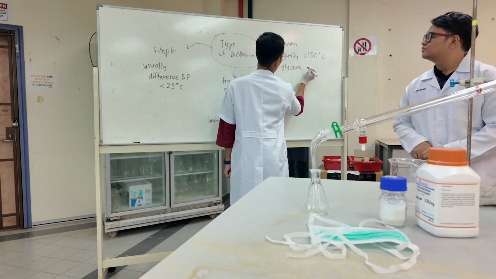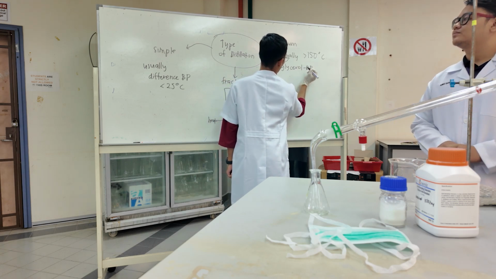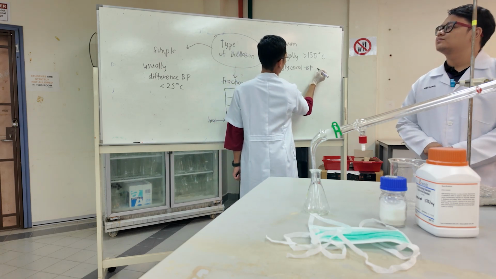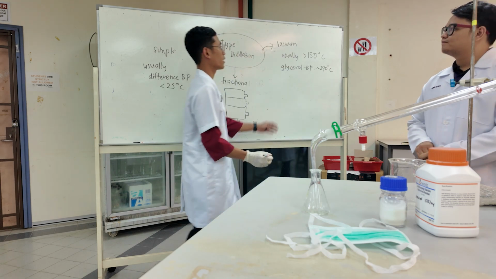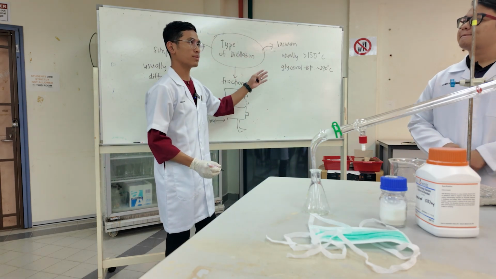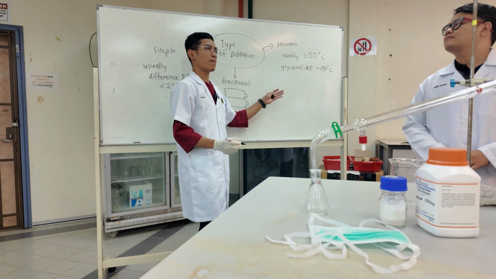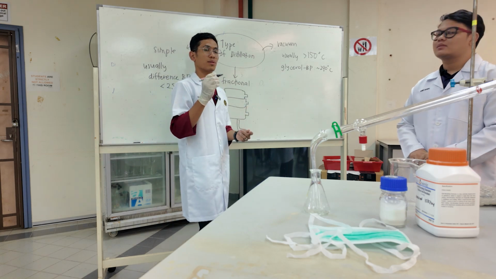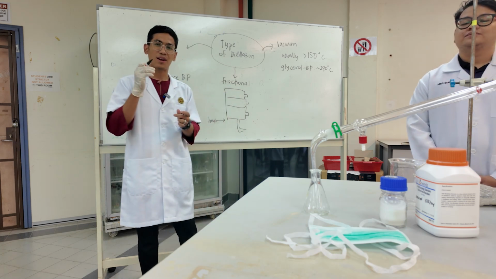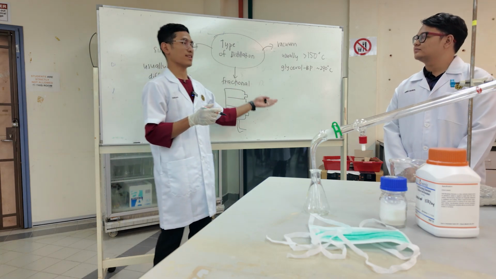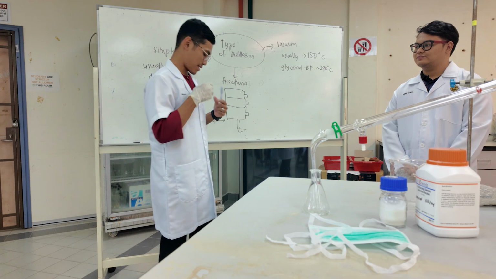Glycerol has a boiling point of almost 290 degrees Celsius, so we use vacuum distillation to make a low pressure for the glycerol. Okay, for the next part.